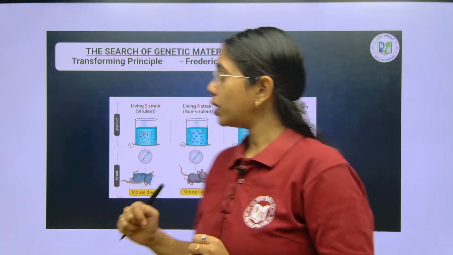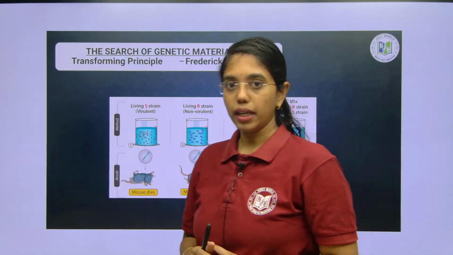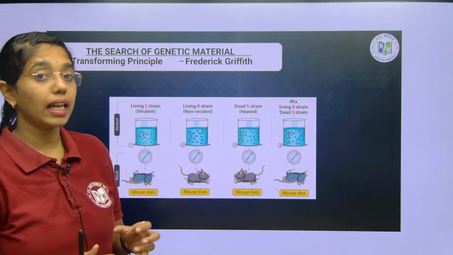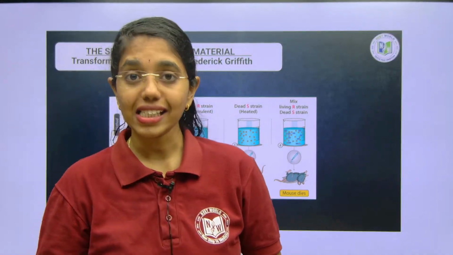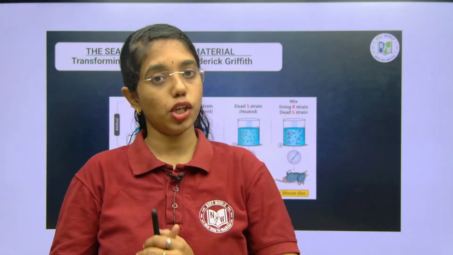But today I am discussing the search for genetic material. There was a huge debate on what is the genetic material actually. Is it DNA or RNA or any other cellular component that is being transferred across the generations?